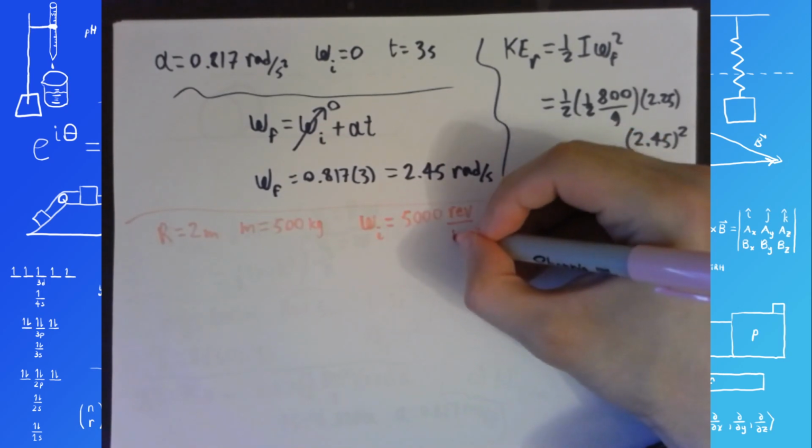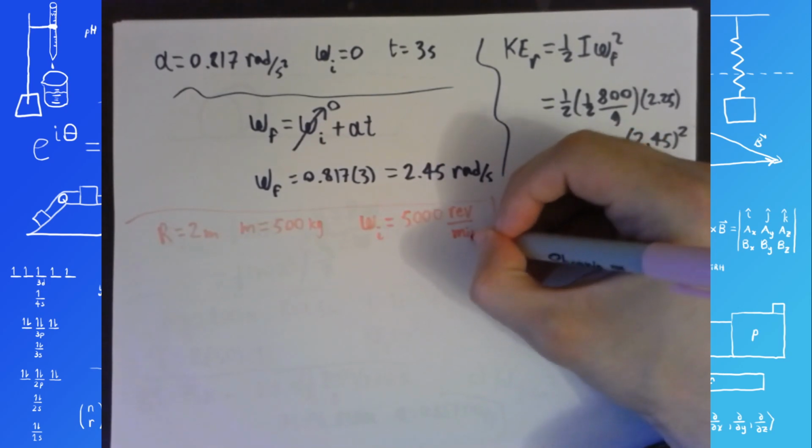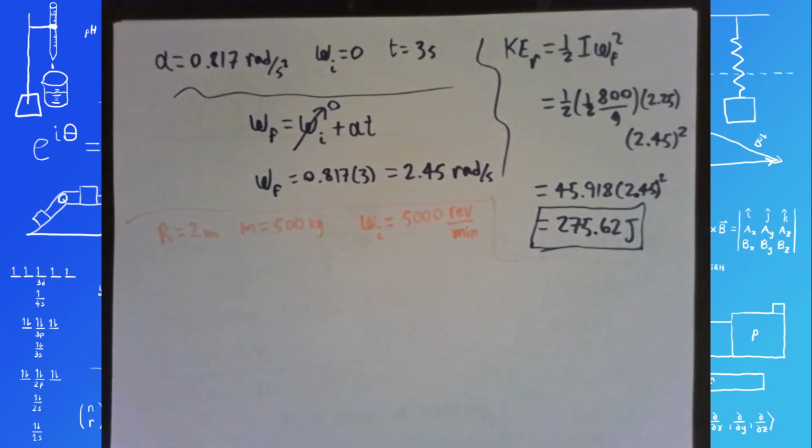I'm just going to write that as revolutions over minutes, which I'm going to convert pretty soon. Find the kinetic energy stored in the flywheel, and then part B, if the flywheel is to supply energy to the car as a 10 horsepower motor would, find the length of time the car could run before the flywheel would have to be brought back up to speed.